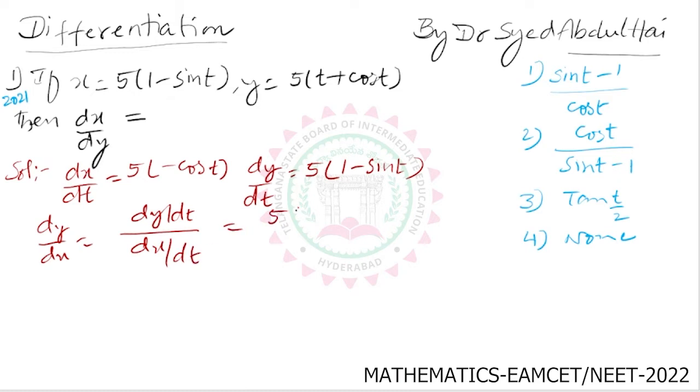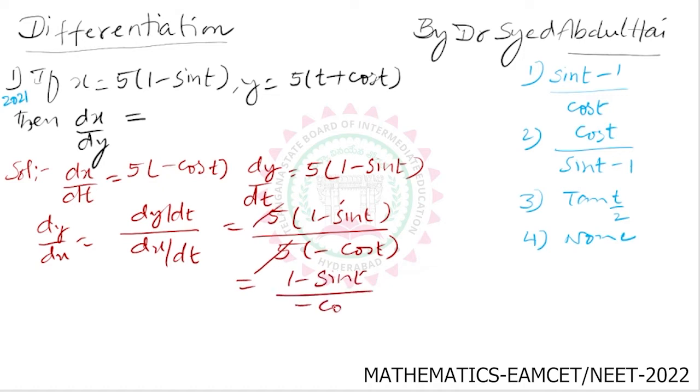What is dy by dt? 5 into (1 minus sin t) whole divided by 5 into minus cos t. You will see that 5 and 5 cancel from both numerator and denominator. So it gives me (1 minus sin t) divided by minus cos t. This is the value of dy by dx. But I want dx by dy.